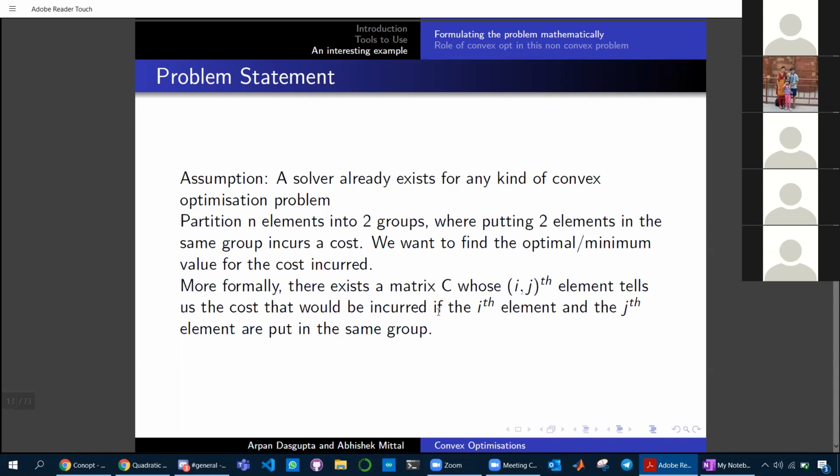Now our problem is that we want to find the optimal cost, or the minimum cost, that is going to get incurred over all the possible partitions that we can make. We're going to start mathematically formulating this problem and then check if it's a convex optimization problem or not.